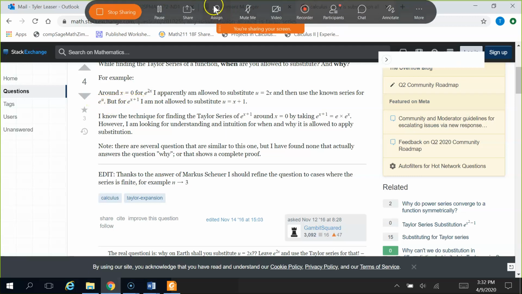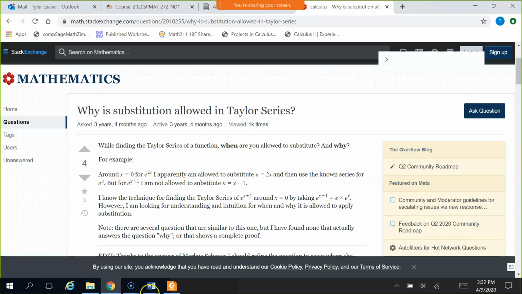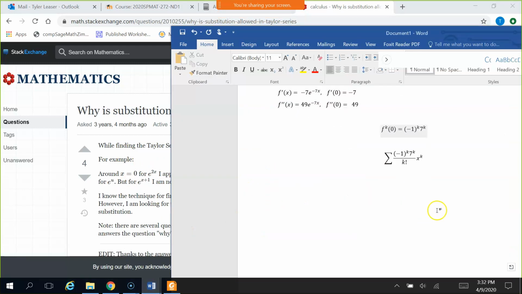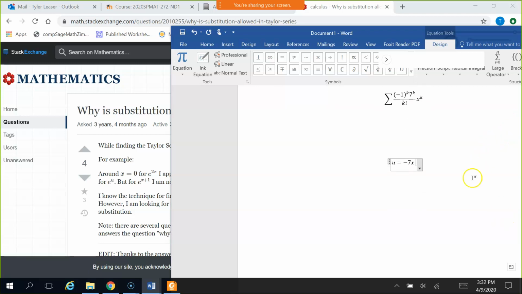Oh, there we go. That's why. So the substitution method is basically a U substitution, but for Taylor series. So what you could have done with this is you could have let U equal to that negative 7x up top, and then just done the normal Taylor series for e to the U. That's a really common one, and you could probably just Google that one and figure out what that one is.